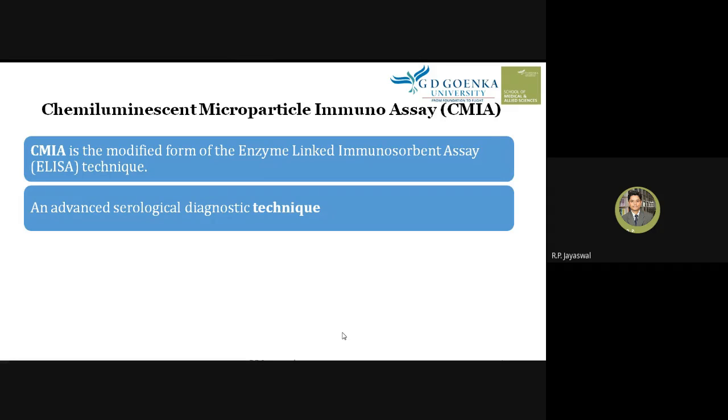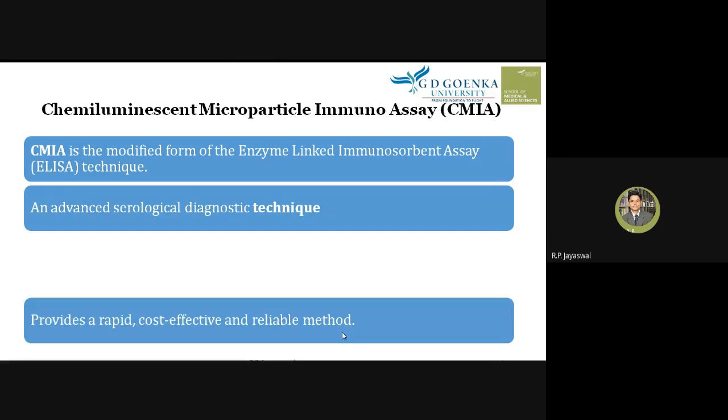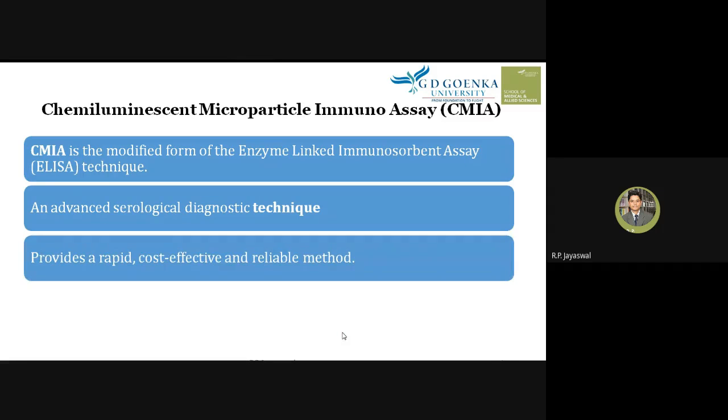Chemiluminescence labeled antigen and antibody are taken to determine the level of these markers. It provides a rapid, cost-effective, and reliable method. This CMIA is very useful in the detection of AFP, and the test is very rapid, cost-effective, and very reliable, where we can trust the reports.